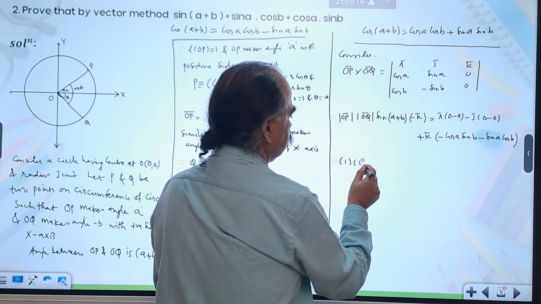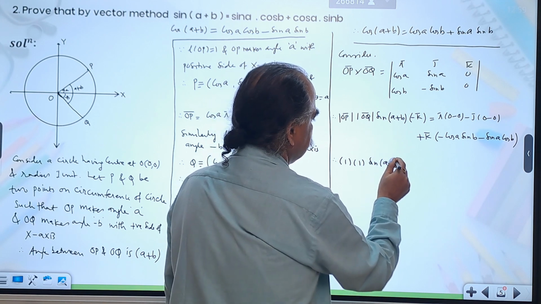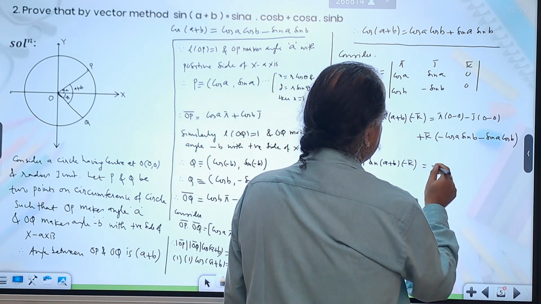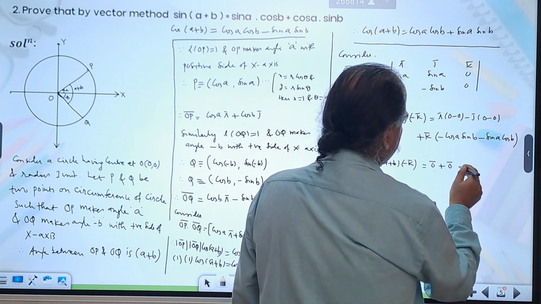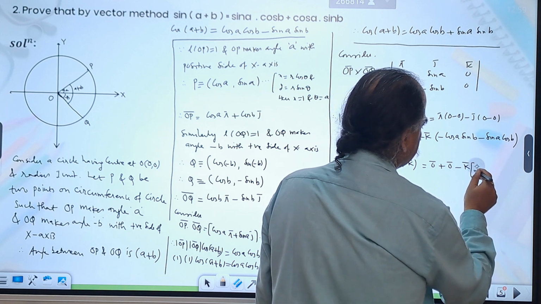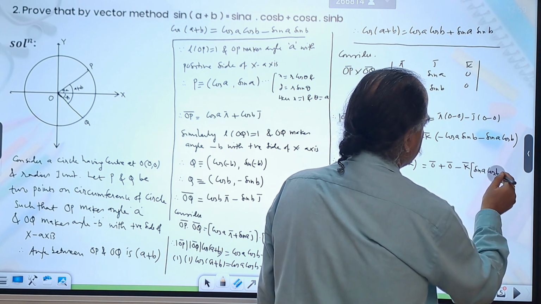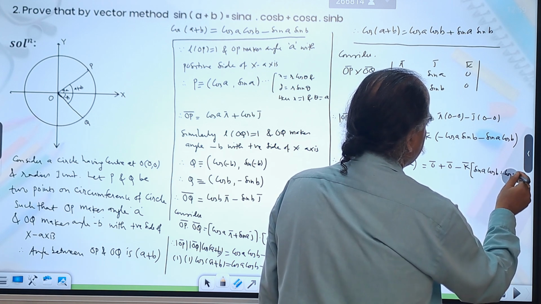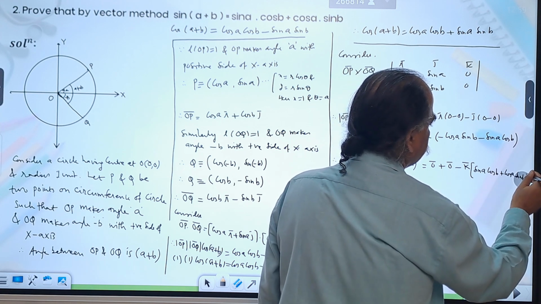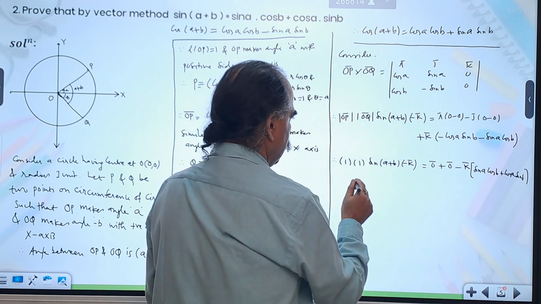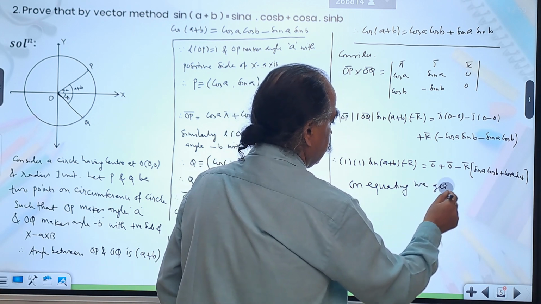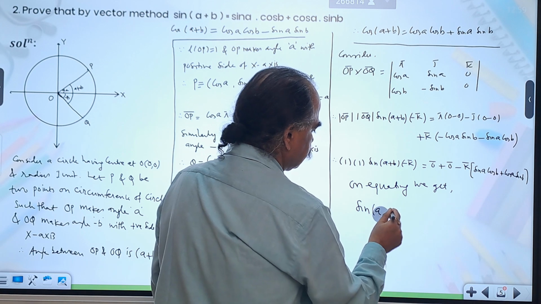It is 1 into sin(A plus B) into minus k bar, the unit vector. 0 bar plus 0 bar minus common, so minus k bar into the bracket sin A cos B plus cos A sin B. On equating we get sin(A plus B) is what?